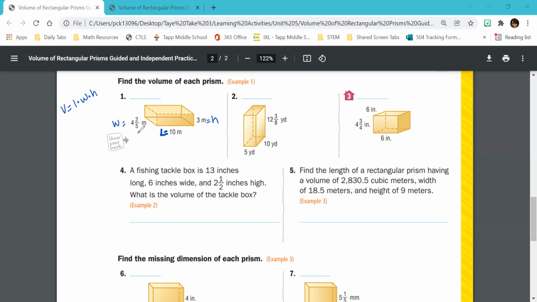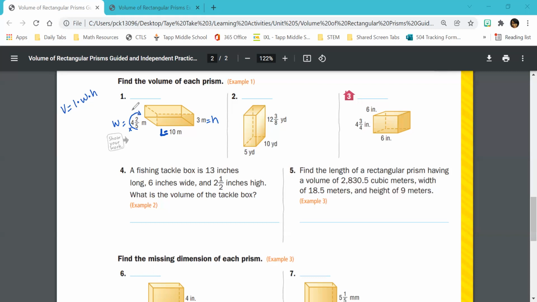Before I can start my multiplication, I need to go ahead and change this into an improper fraction. So I am going to start by putting my big C for change, where I follow the arrow around. I start at my denominator of 5, and I multiply that 5 by the whole number. So 5 times 4 is 20.